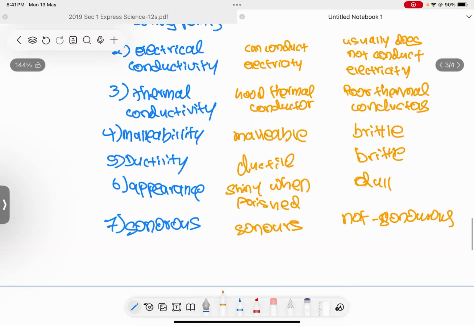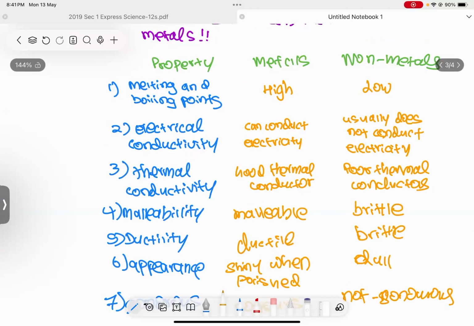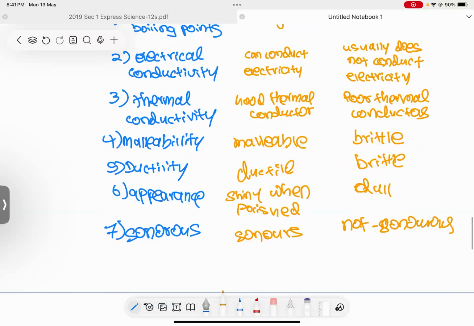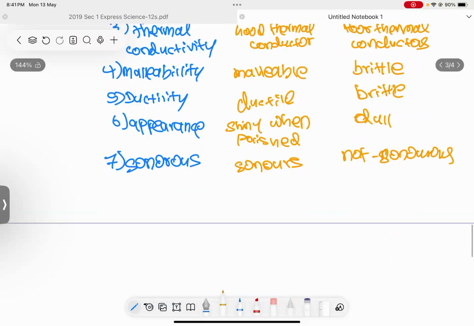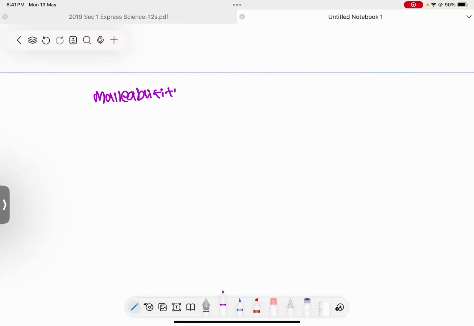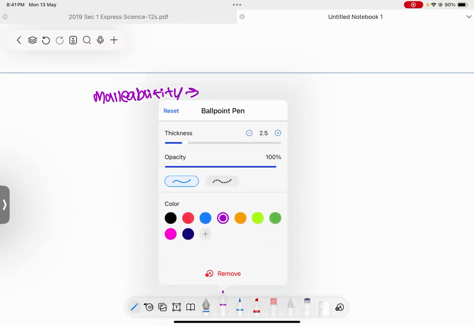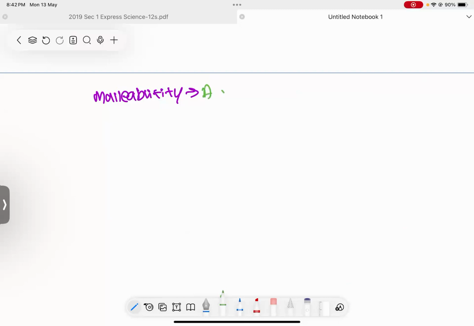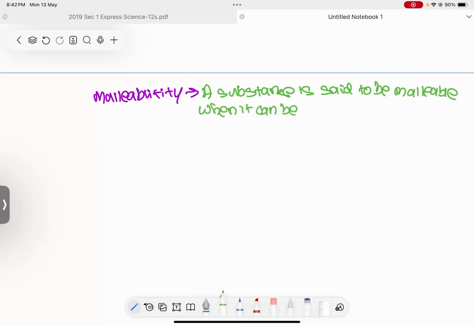So now you guys might be asking me, what is malleability? What is ductile? What is sonorous? Let's go through them. A substance is said to be malleable when it can be beaten into sheets.